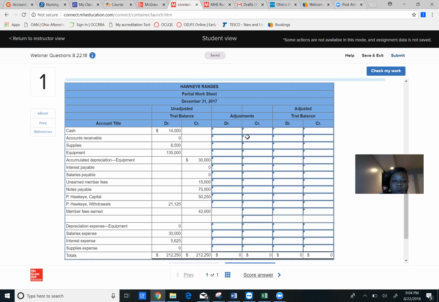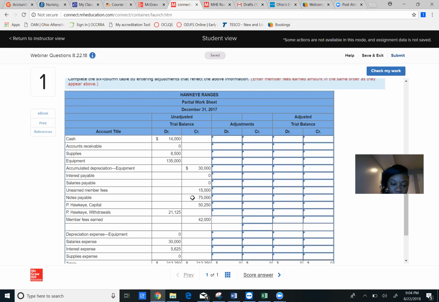Even if I didn't know that it was a liability, the trial balance kind of helped me figure out, okay, well, the increase must be on the credit side because all of these kind of look the same way. And then member fees earned, this is revenue. And it's also going to be a minus plus. Like all of these right here are minus plus type accounts. And revenue is a minus plus also.